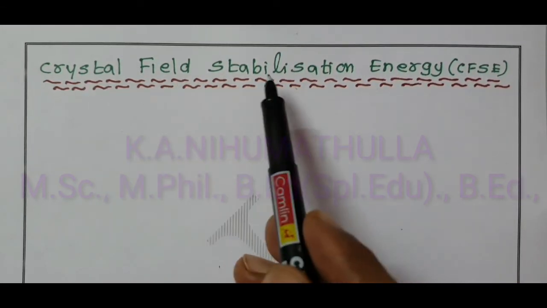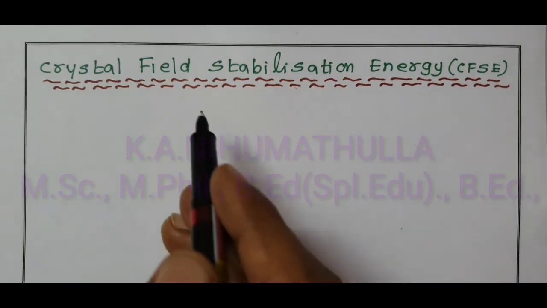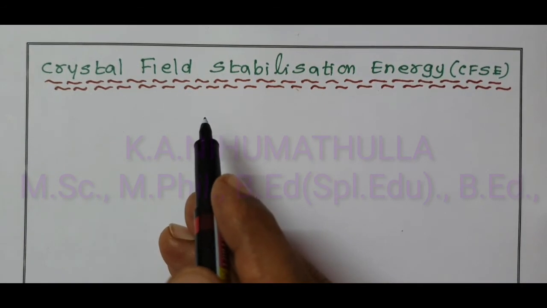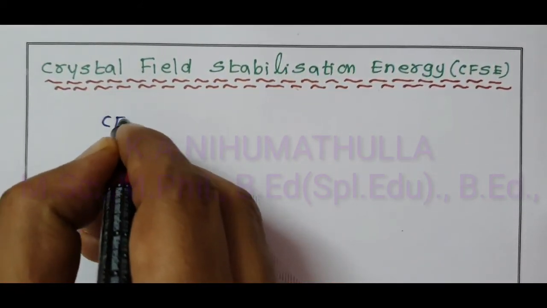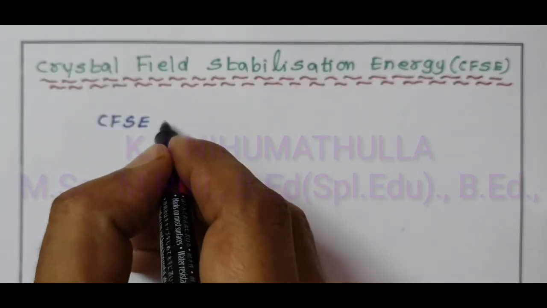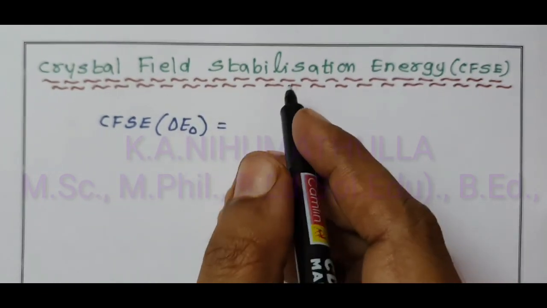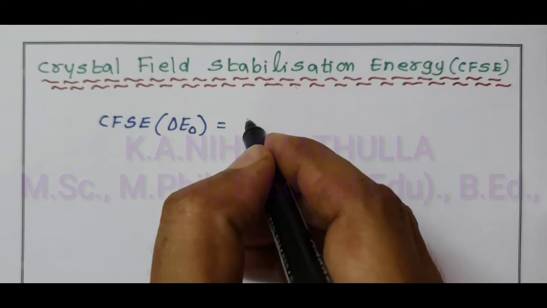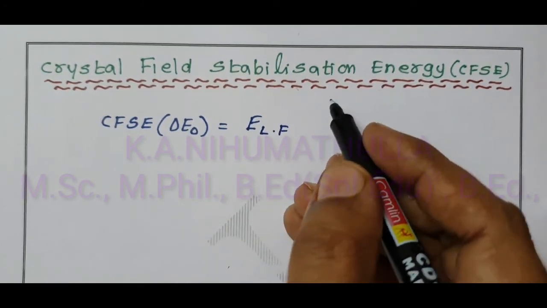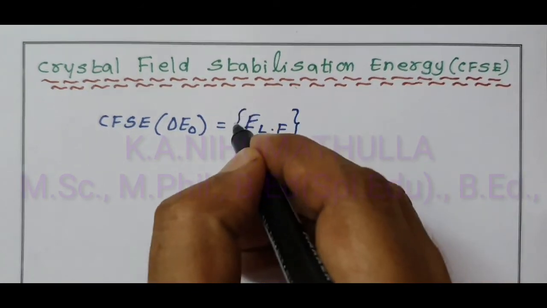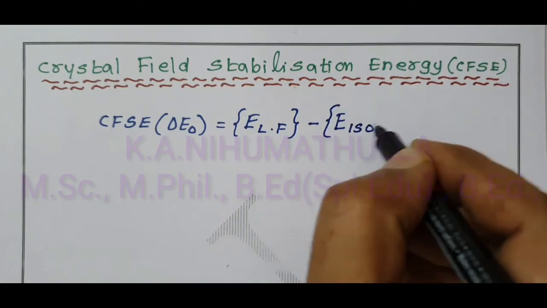The crystal field stabilization energy is defined as the energy difference of the electronic configuration in the ligand field, CFSE, delta E octahedral, equal to the energy difference between the electronic configuration of the ligand field and the electronic configuration of the isotropic field.